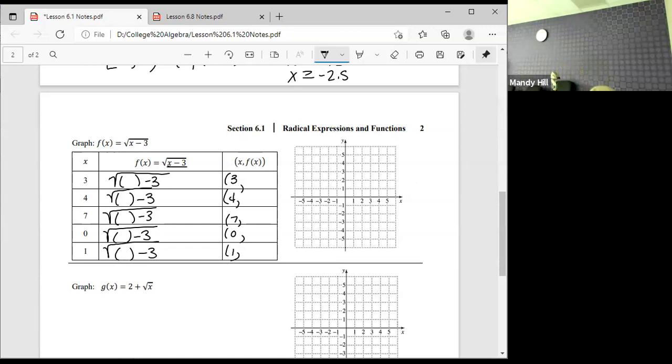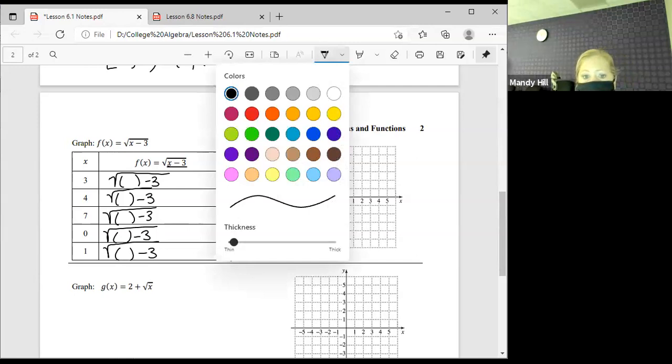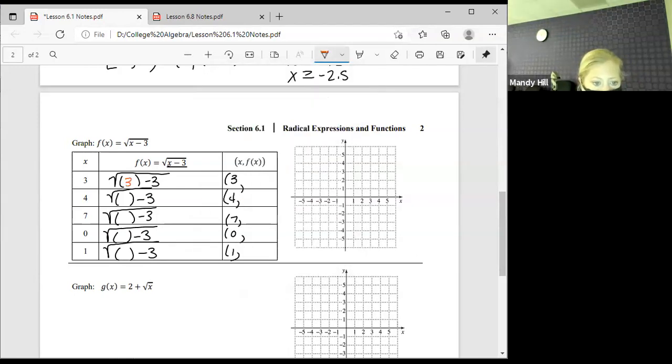The first time they tell me to plug in a 3, then a 4, and a 7, a 0, and a 1. So I'm just coming along here and plugging in the stuff I need to plug in.